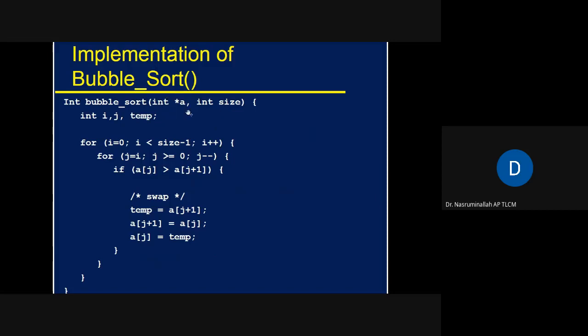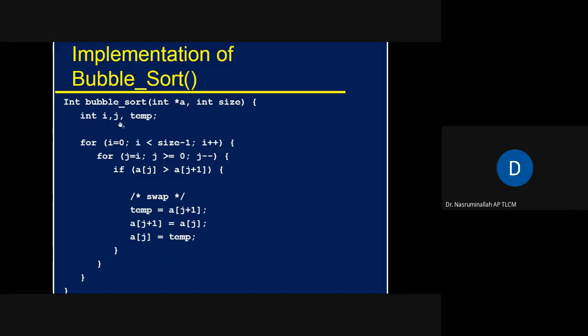Because we have passed this array as a pointer, and the pointer does not have additional information about the size of the memory containing elements that is pointed to by this pointer, therefore we need additional information, that is an integer size, to represent the total block size that is pointed to by this pointer a.